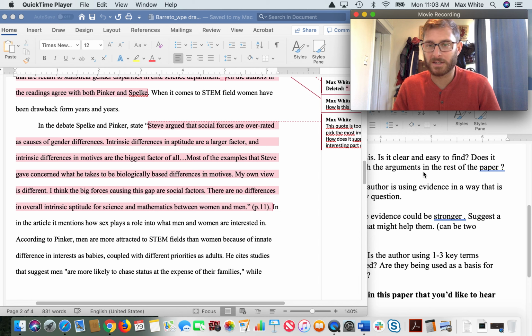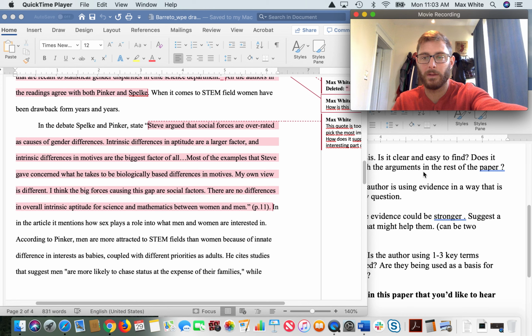And in the process, I'd like to help maybe make an argument in favor of peer review in the event that maybe it'll encourage you to spend a little more time on it, and I'd also like to help you better understand some of the elements of a successful WPE essay here that we can use to think this through.